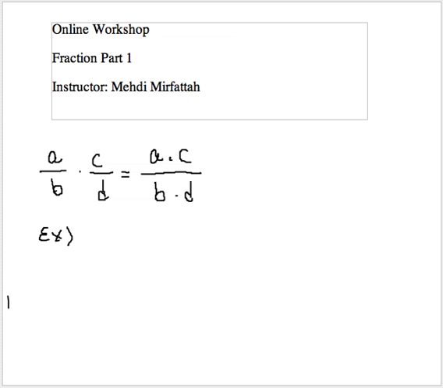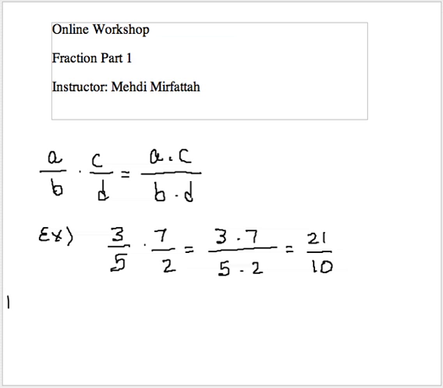If I have 3 over 5 times 7 over 2, that would be equal to 3 times 7 over 5 times 2. As you see, this is not reducible. I cannot reduce anything here, so I would write the answer as 21 over 10.